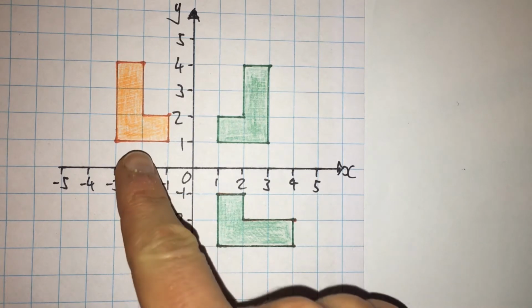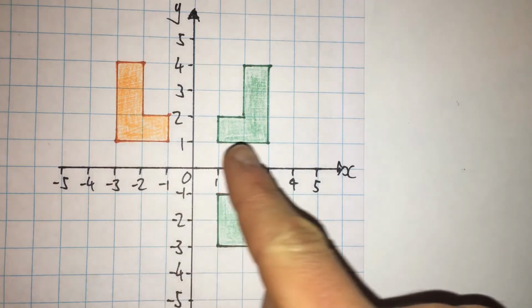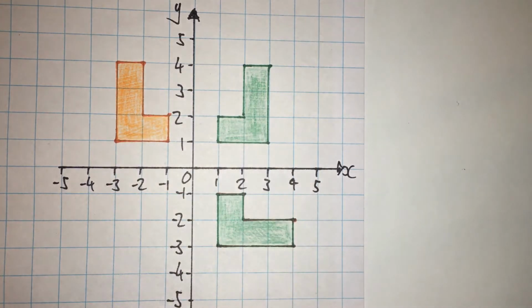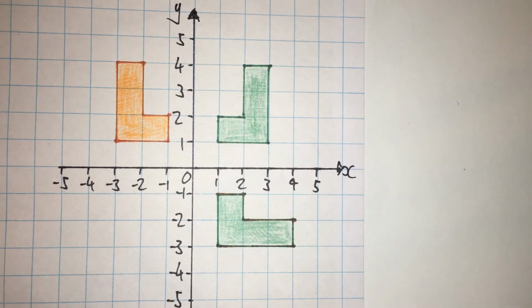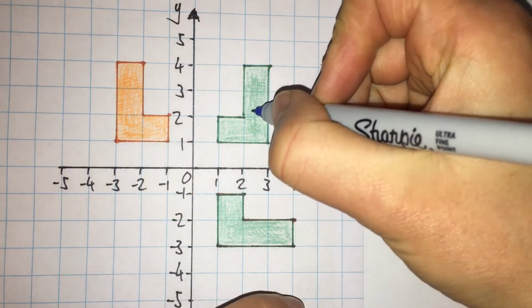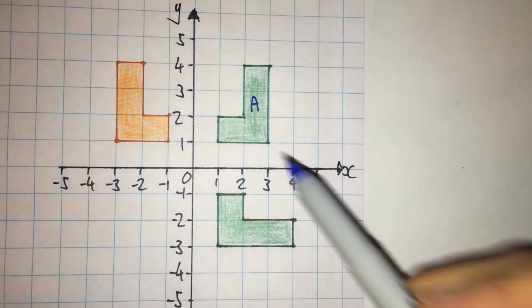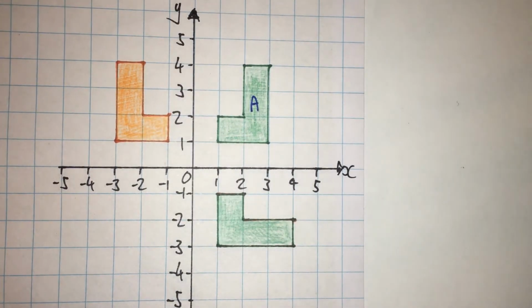Here we have an object that's been reflected to two different positions, and we want to describe those reflections. Now this first one here we will call A, and this is our image and this is our object. Now it's quite easy to spot where the mirror line is in this one, I think.